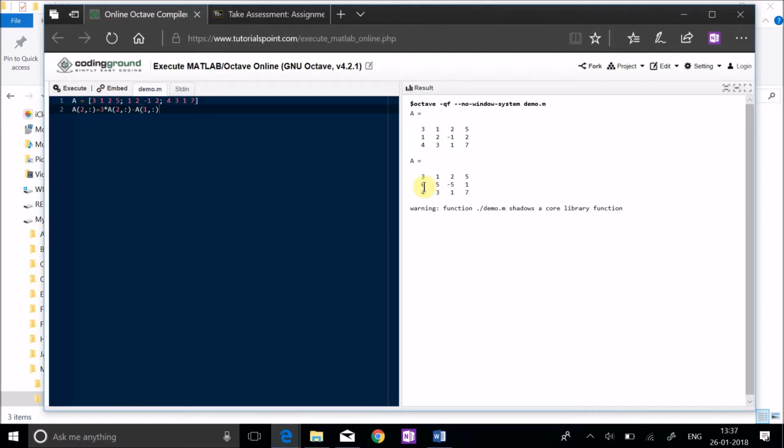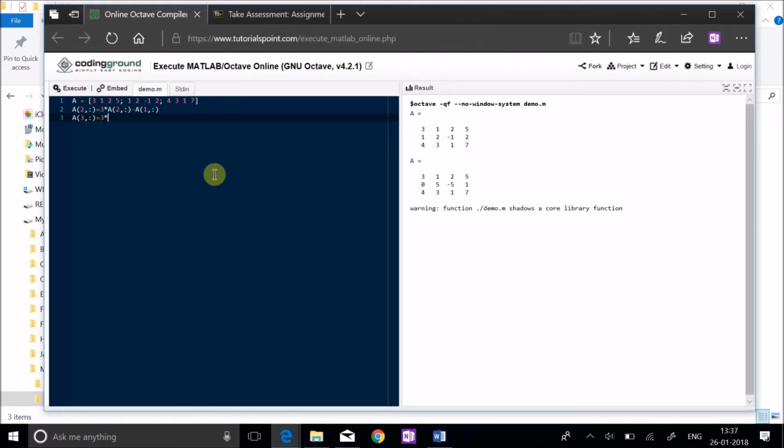Now similarly, we have to do this on the third row as well. Let me go ahead and do that. First, let me select the third row. So it's 3 comma colon equals. Now what can we do to make this 4 a 0? Well, we can multiply the third row by 3 and the first row by 4 and subtract them. So what we are doing is 3 times the third row.